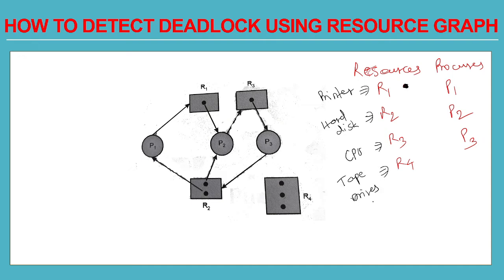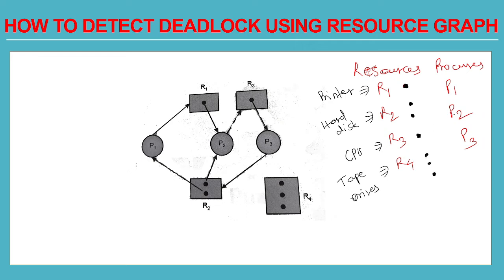These are all resources normally used by the computer. So there is one printer. R2 has two instances, meaning there are two hard disks. Instances are shown using black dots, as you can see in the resource allocation graph. Then there is only one CPU, R3, and R4 has three instances of tape drives. Three tape drives are there.